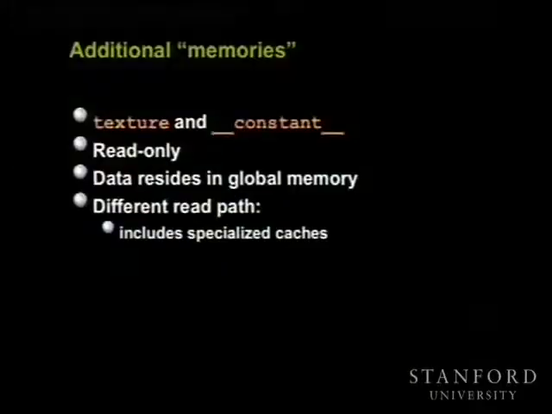So, additional memories. We've talked a lot about global memory and shared memory. One which Jared has already mentioned, and he's already explained, is constant memory. The other thing, which is a feature from graphics, is called textures.